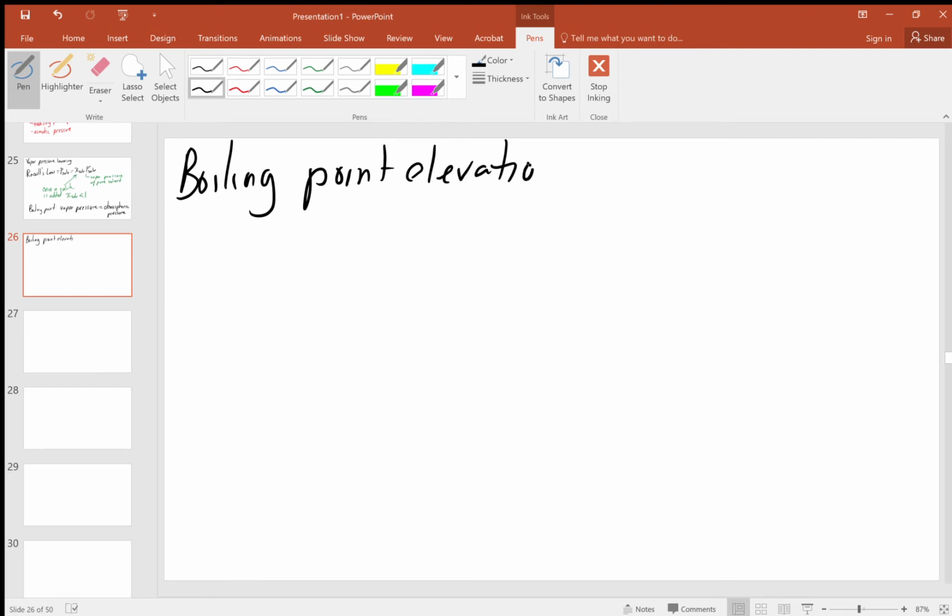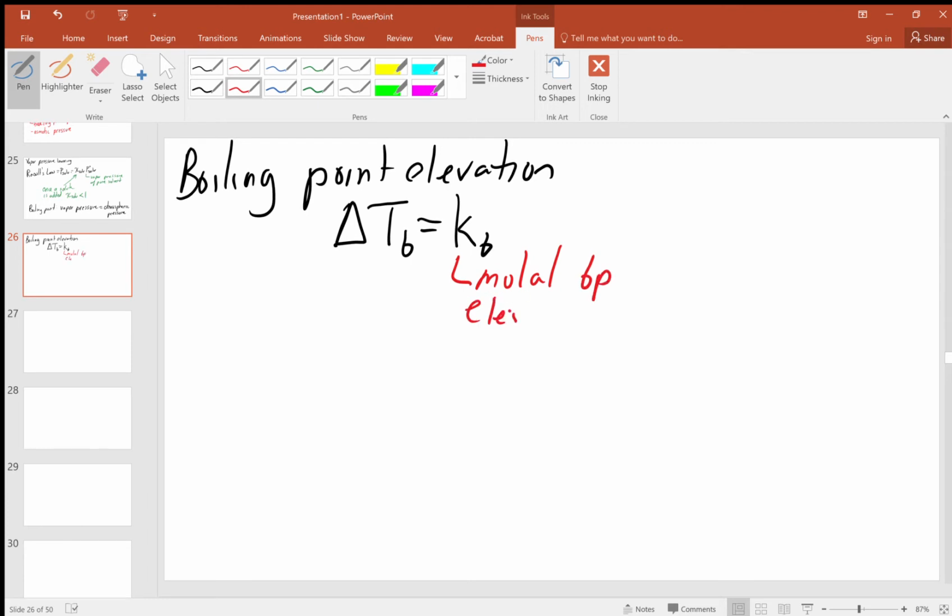And that's something that we can actually calculate very easily. So we can calculate the change in the boiling point as being equal to Kb. Kb here is known as the molal boiling point elevation constant.